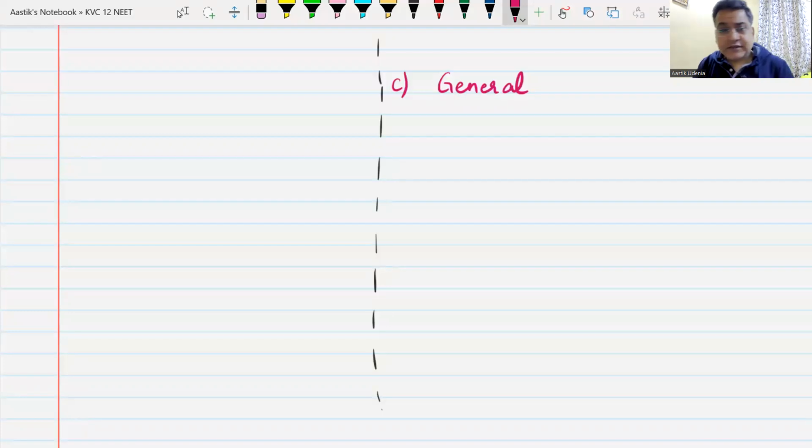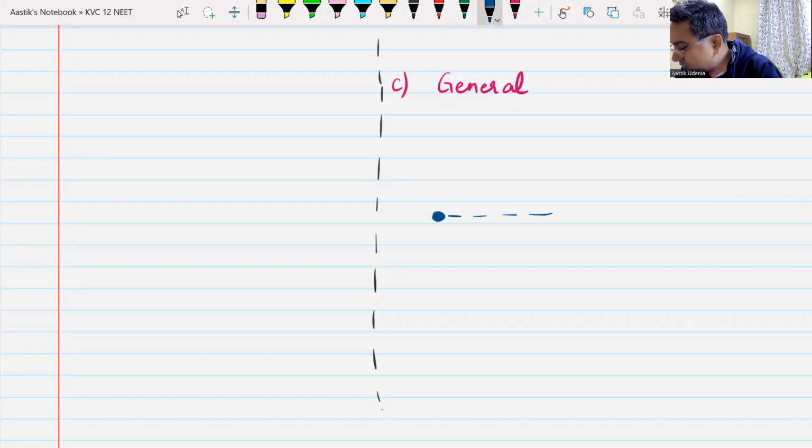Yes, sir. Then the last thing that remains is to see the formula for any general point. We will do it quickly. Just have to see the formula. This is minus q, this is plus q, and this is a general point at any angle theta.